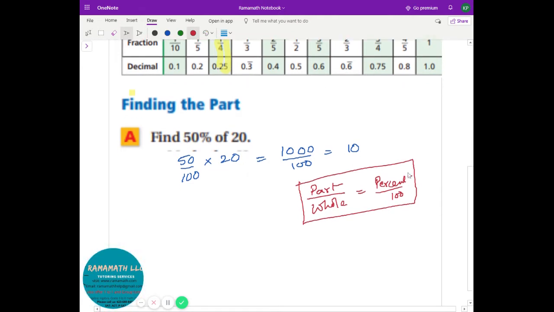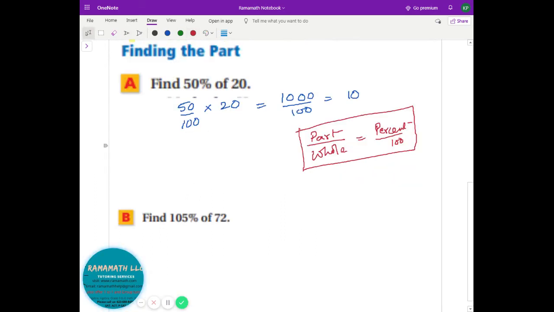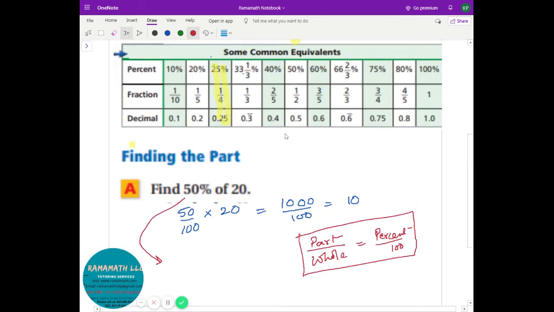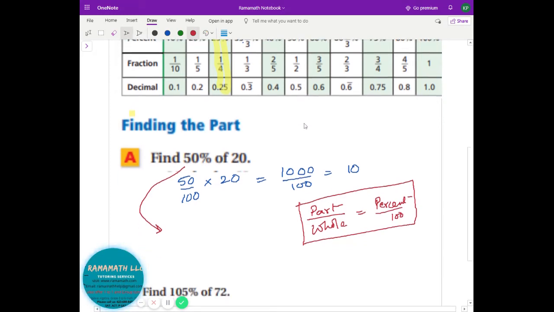Okay, let's see another question here. It comes under the SAT. How can you do this question faster? Look at the screen right now. It says 50% of 20, right? So if I look at my table, 50% means what fraction? 0.5 is the decimal.